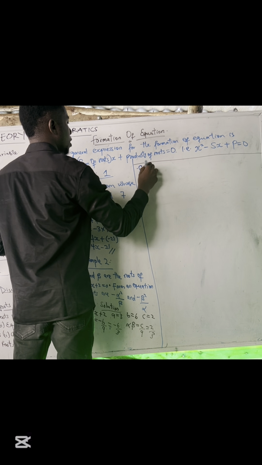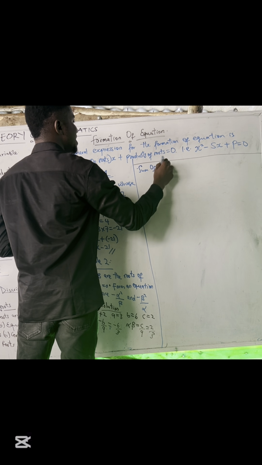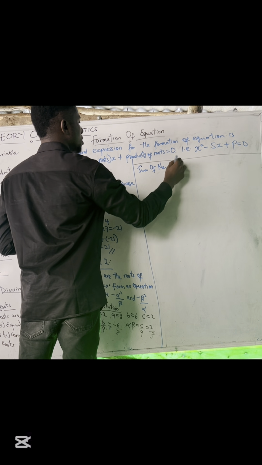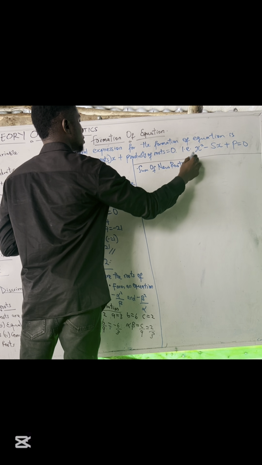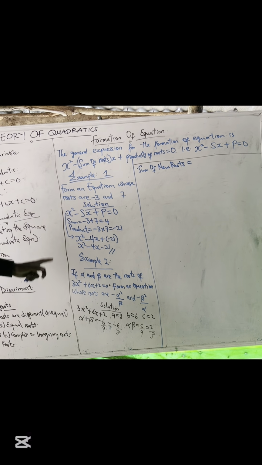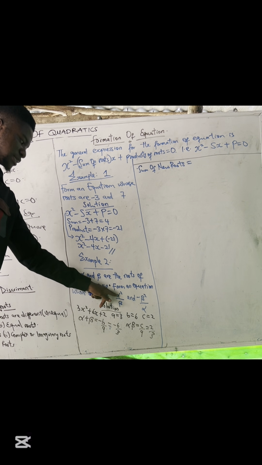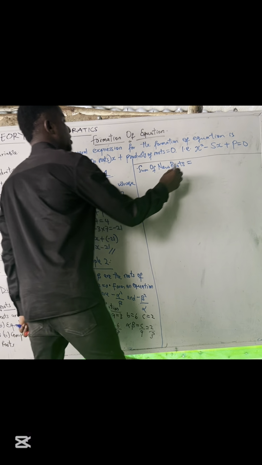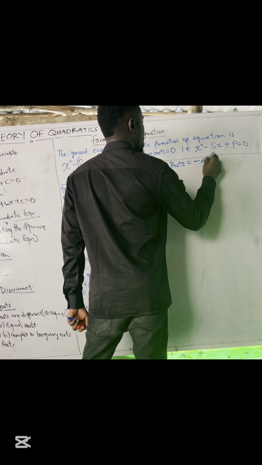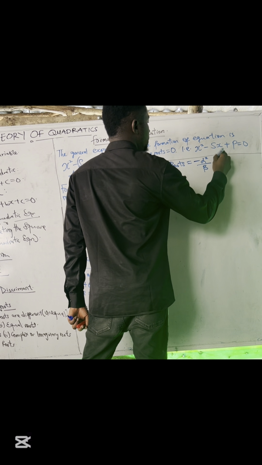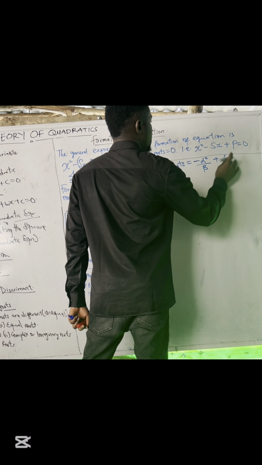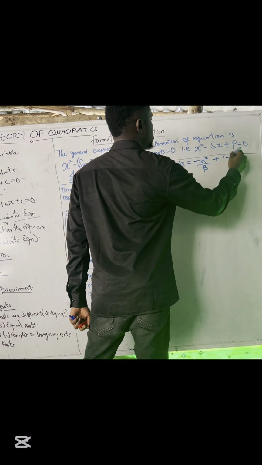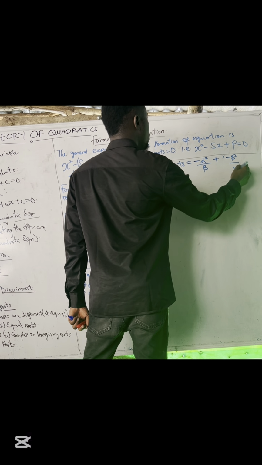We are going to look for the sum of new roots. The first new root is minus alpha square over beta, and the second one is minus beta square over alpha. So that will be minus alpha square over beta plus minus beta square over alpha.